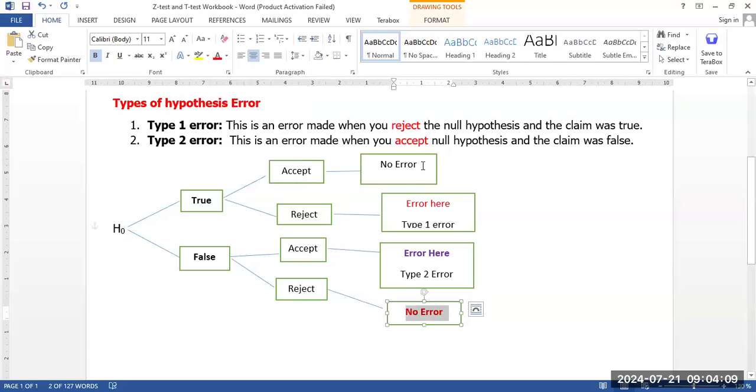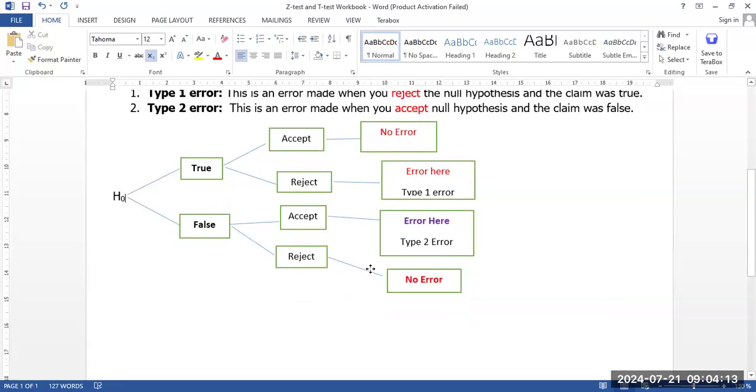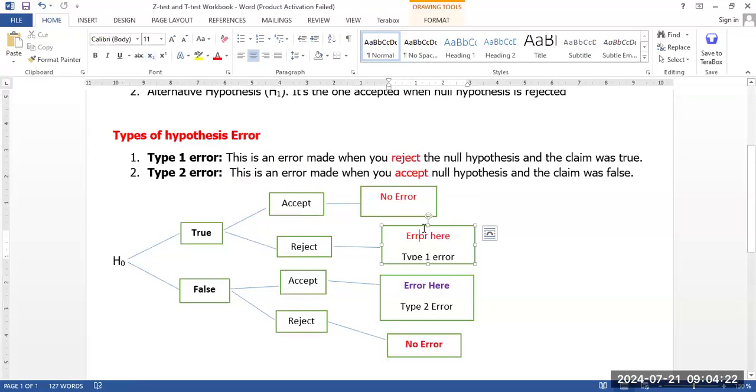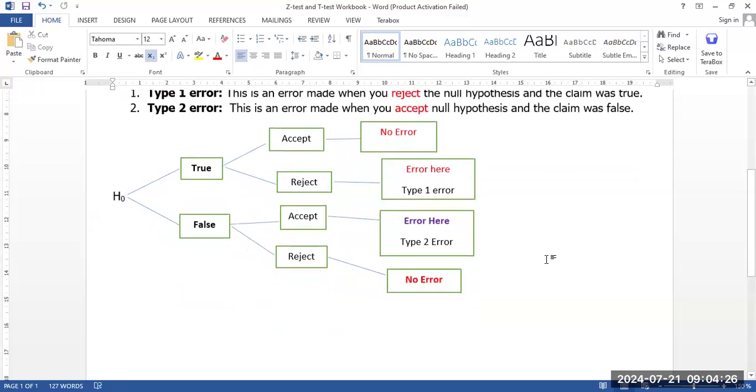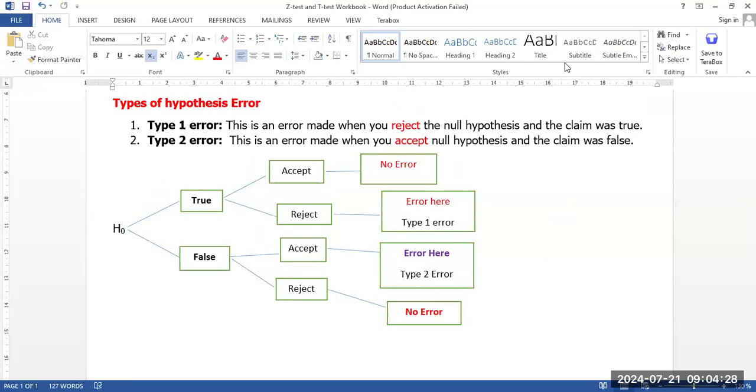I believe that's clear to all of you. If you need more clarification, let me know. But if there is no question, we can proceed. Have you understood this? Colleagues, have you understood this?